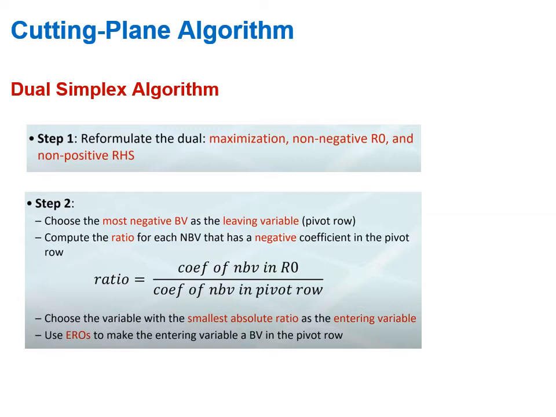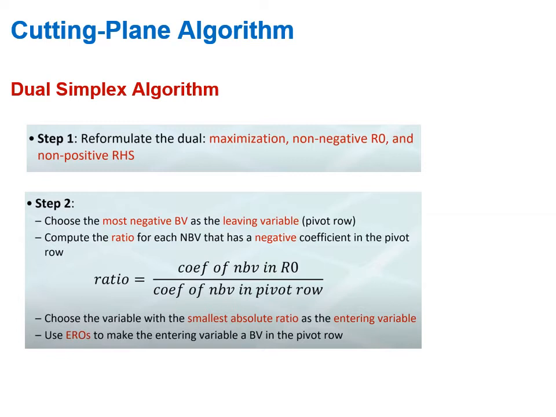In regular simplex, remember, when we have an initial simplex Tableau, you first decide on the entering variable. An entering variable depends on, of course, whether it's a maximization or a minimization problem. If it's a maximization problem, the entering variable is the variable with the most negative coefficient in row 0.